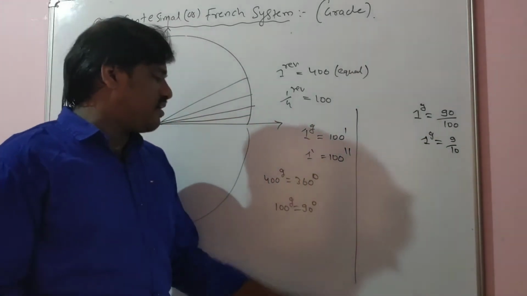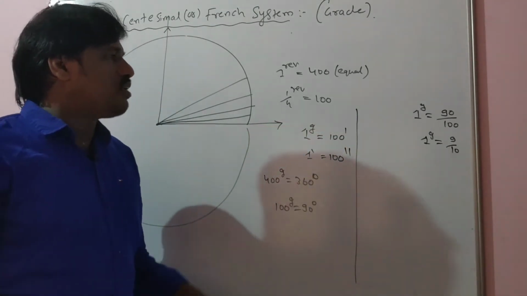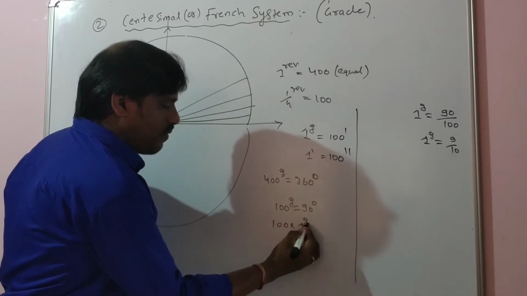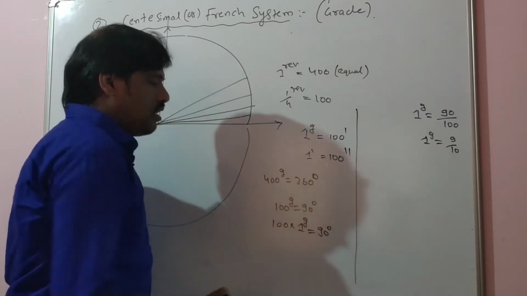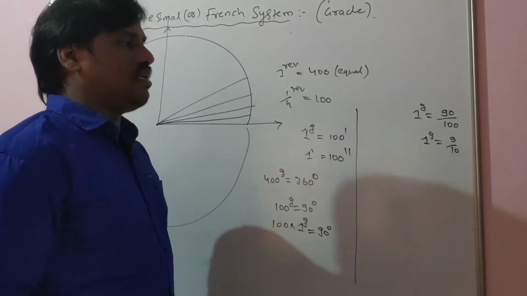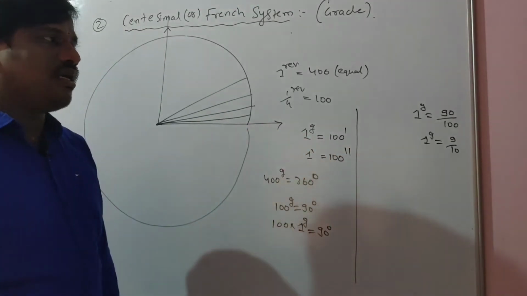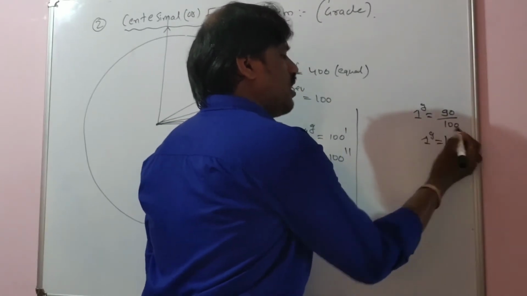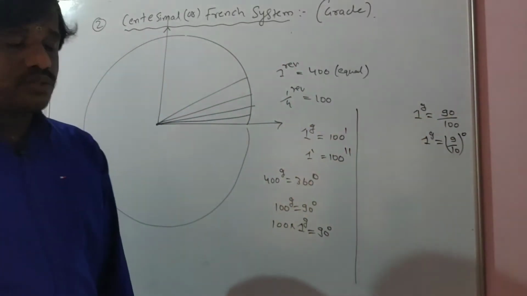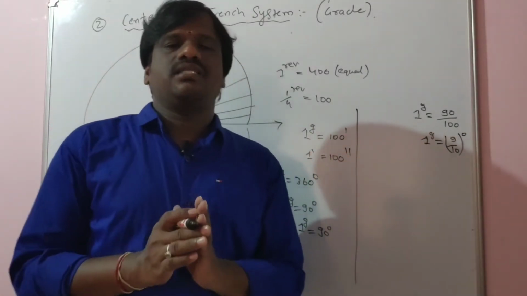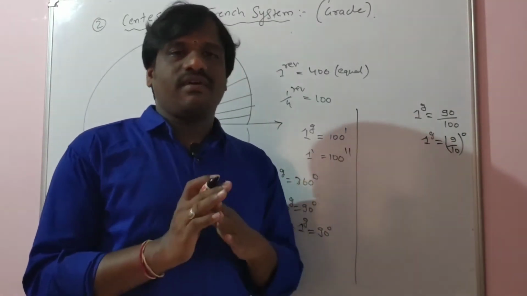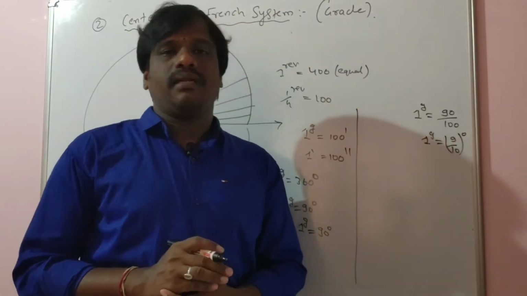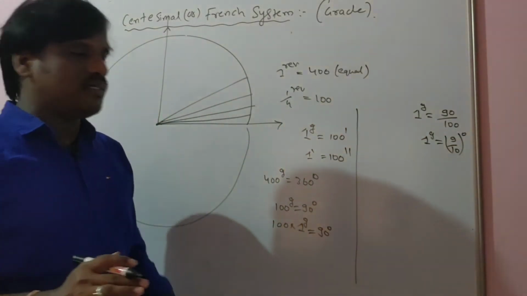So whenever you want to convert any grade into degrees, we will multiply by 9 by 10. I will give the examples later.